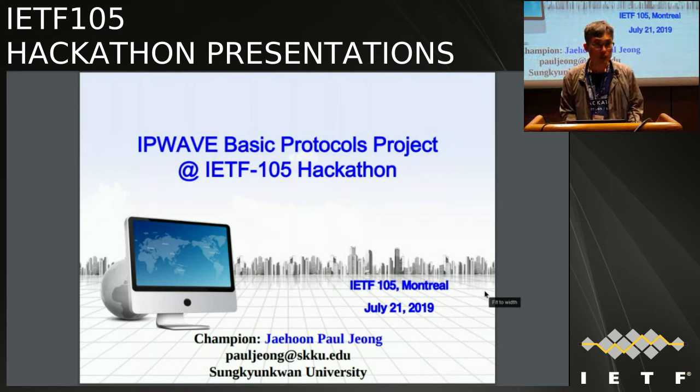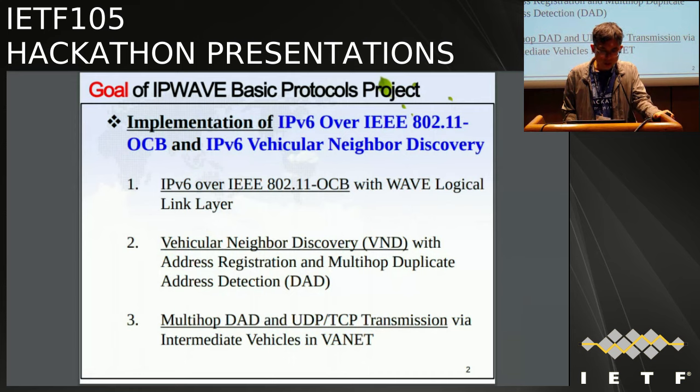Okay, thank you. So I want to share the experience of the IP Wave project, a basic protocol project. The goal is to prove IP version 6 over 802.11 OCB, the IEEE WAVE logical link layer.